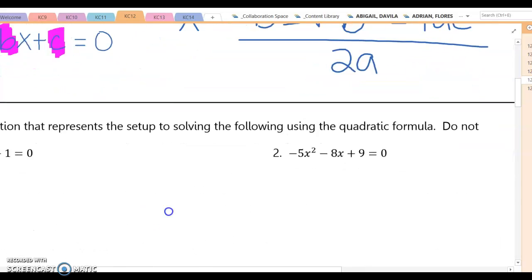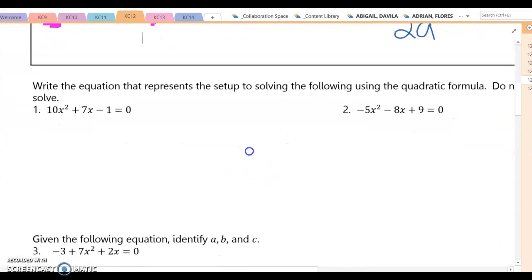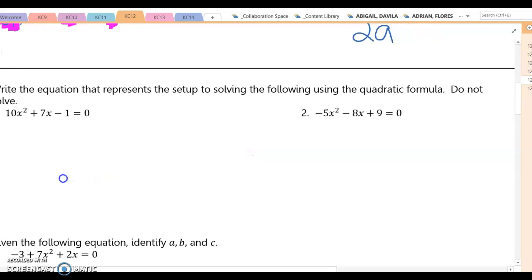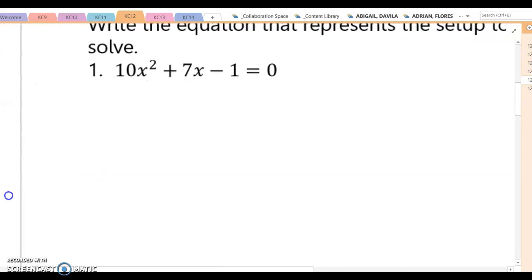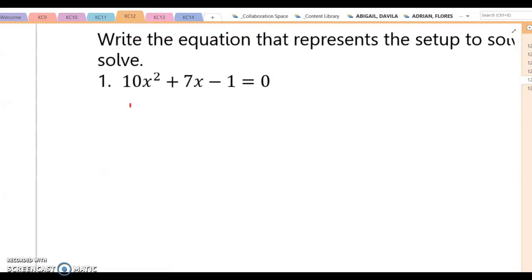So that's what our first example is having you do. Write the equation that represents the setup to solving the following using the quadratic formula. Do not actually solve it. So we're just plugging it in. So 10 is the A, positive 7 is the B, negative 1 is your C. So we're just going to plug them into our formula.